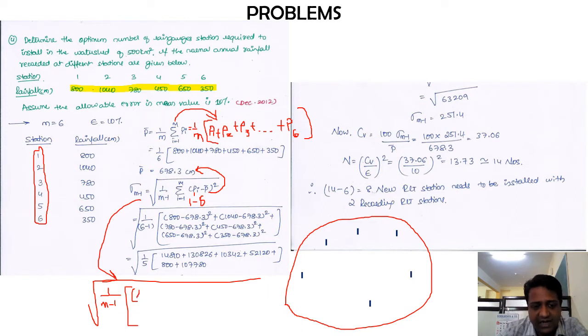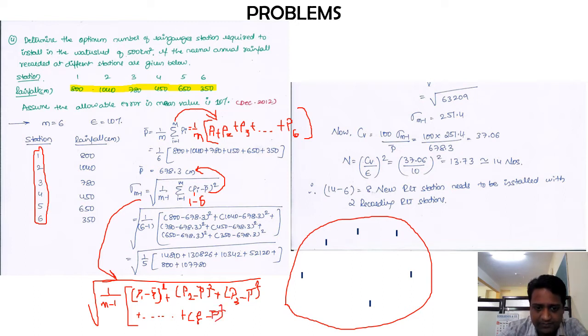So here my equation is going to be: (p1 minus p bar) the whole squared, plus (p2 minus p bar) the whole squared, plus (p3 minus p bar) the whole squared, plus so on up till p6 minus p bar the whole squared.